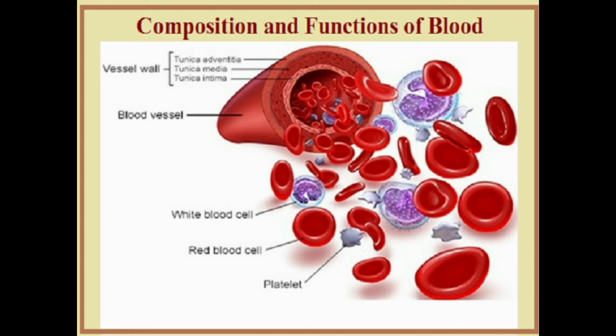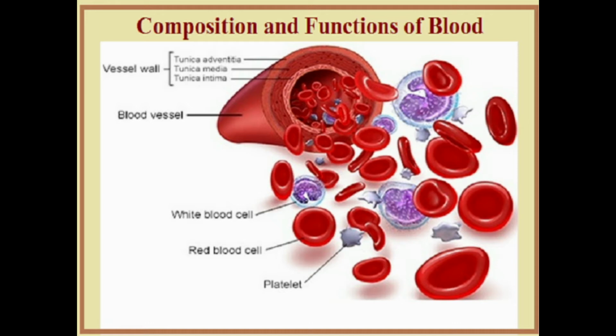It transports substances like digested food from the small intestine to other parts of the body. First function is to carry the nutrients which are absorbed from the small intestine and transfer them to different parts of the body. Second point is that it carries oxygen from the lungs to the cells of the body.